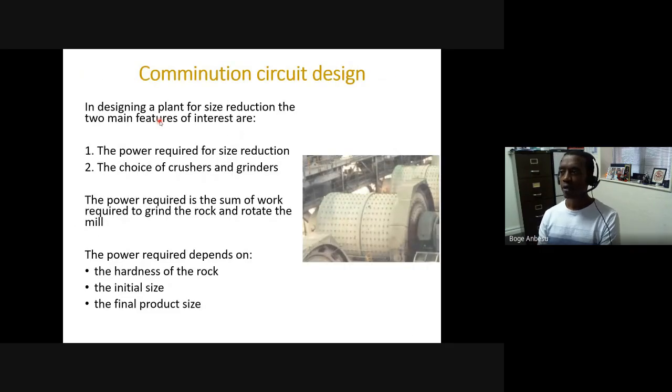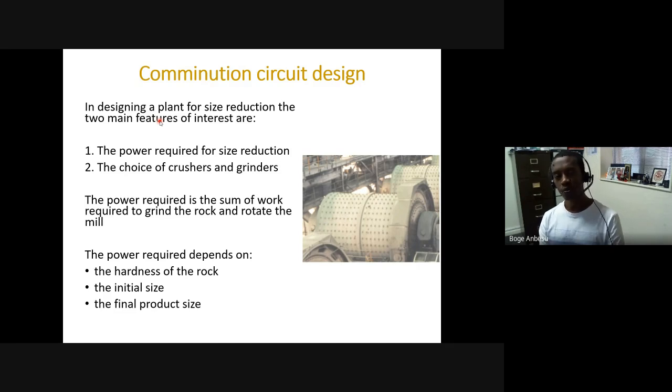So how do you design a comminution circuit and what are the key considerations? Because comminution, or grinding in particular, is energy intensive, we're always concerned with energy. And usually the amount of energy you spend depends on the nature of the material, okay? But it also depends on the nature of the crushers and mills that you are employing.